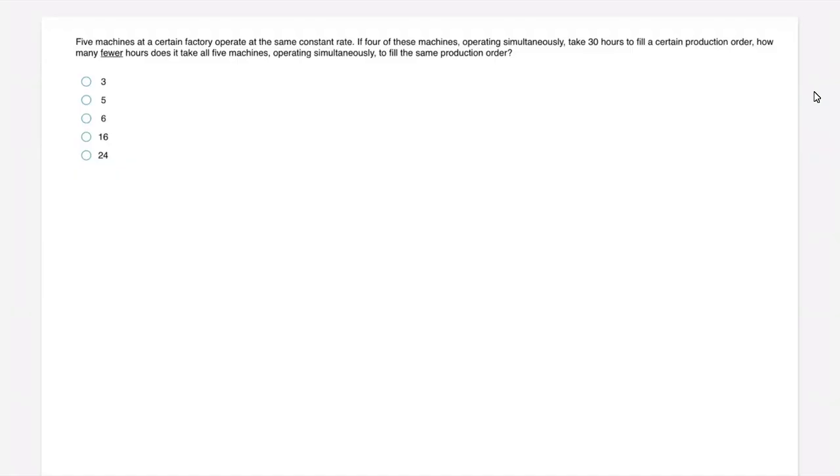Okay, pay attention. 5 machines at a certain factory operate at the same constant rate. 4 operate taking 30 hours to fill a certain production order.